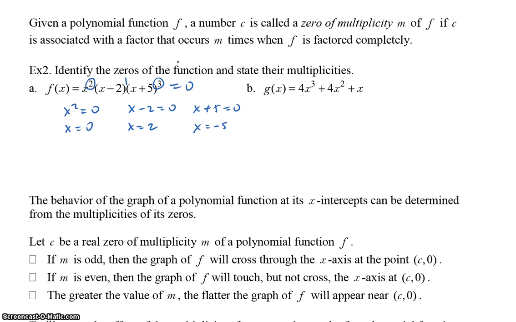Well, the number of times the factor occurs corresponds to the multiplicity of the zero. So we would say that x equals 0 has multiplicity 2, x equals 2 has multiplicity 1, and x equals negative 5 has multiplicity 3.